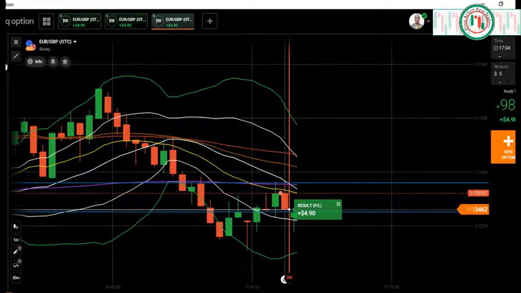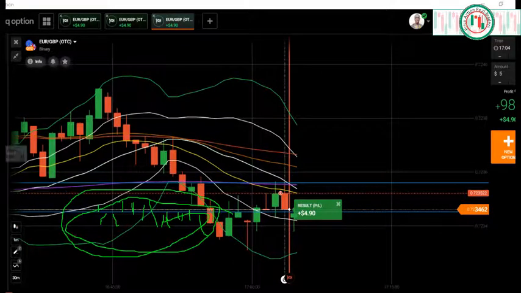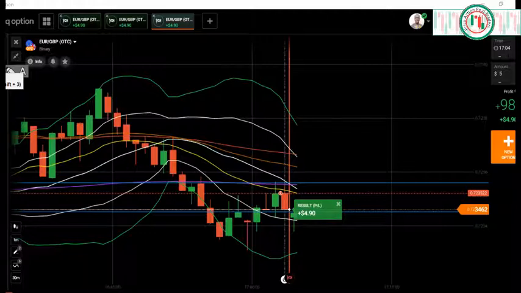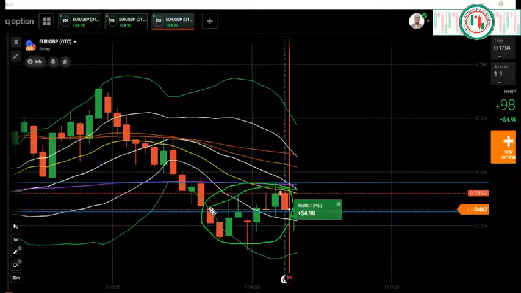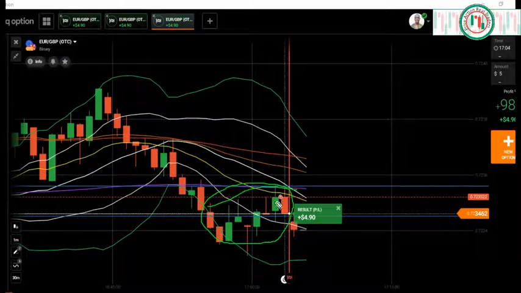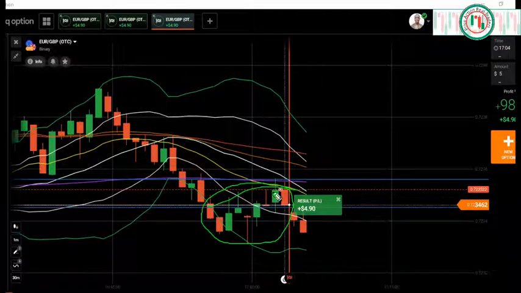Here you can see market must hold and it will repeat at least the same pattern. So I took my 3 trades here at this level and finish my trading, because if you see this pattern at the left side, then it will repeat the same pattern at the right side. So that's what you're supposed to be observing all the time if you are trading.